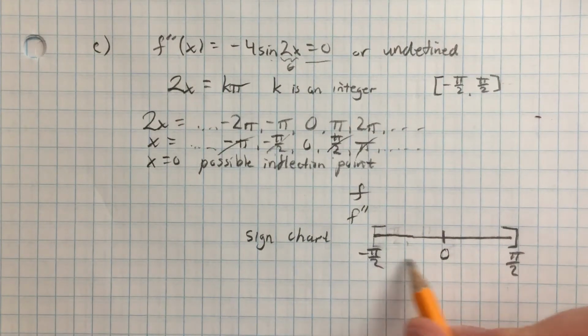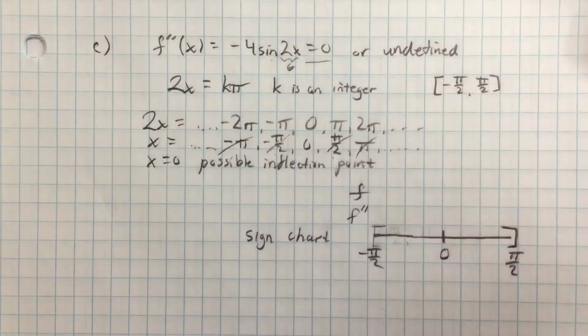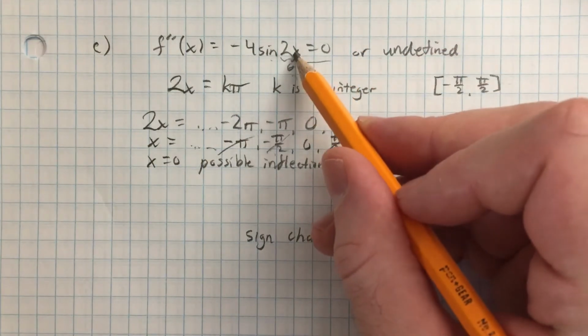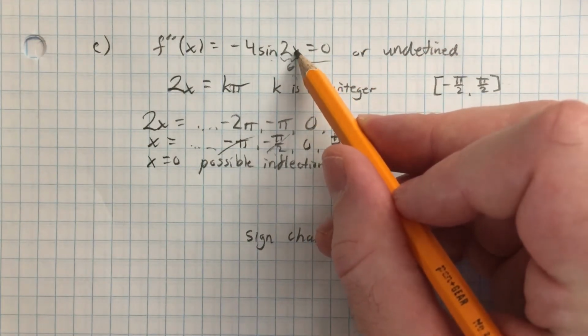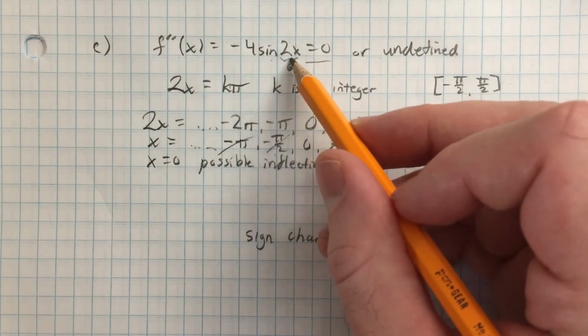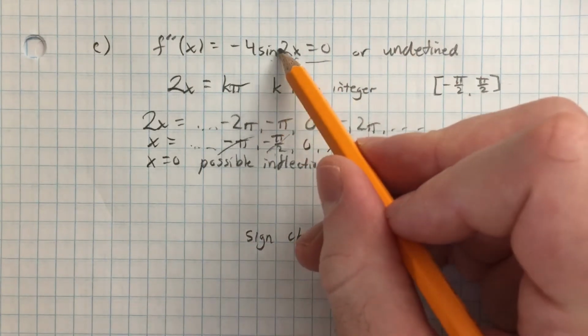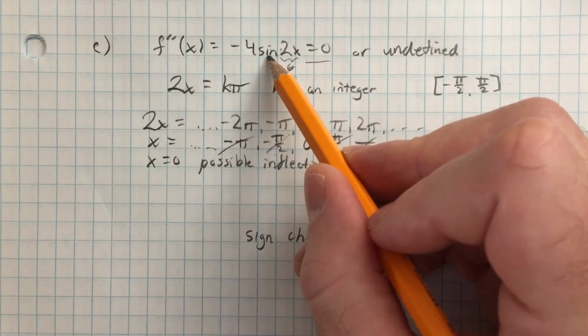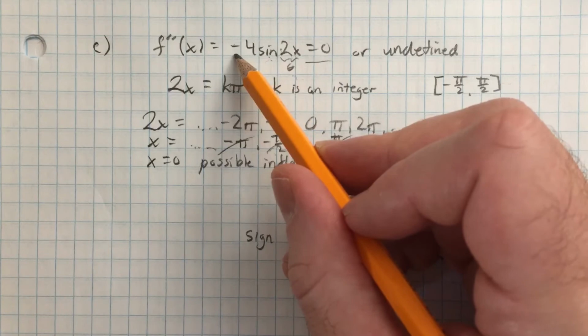So we'll take a test case over here of negative pi on 4. Putting negative pi on 4 into the second derivative, negative pi on 4 times 2 is negative pi on 2. The negative can move outside the sine function because the sine is an odd function. So the negative joins this negative out here, making it positive.